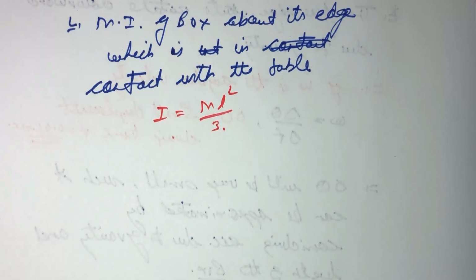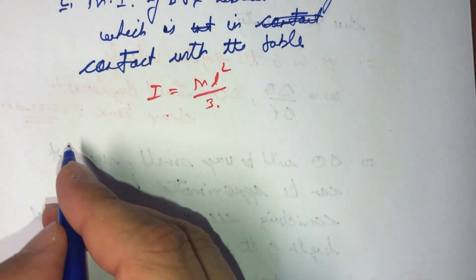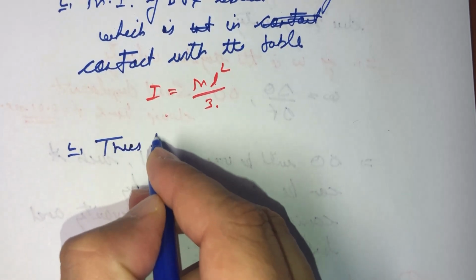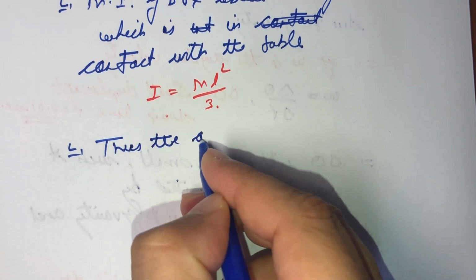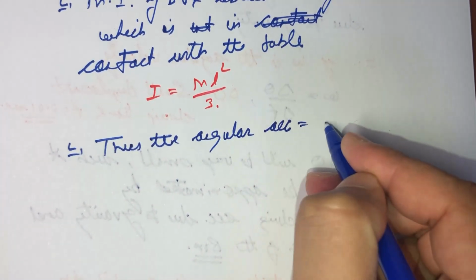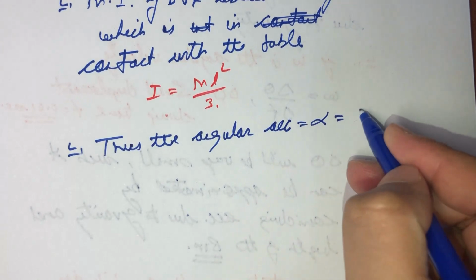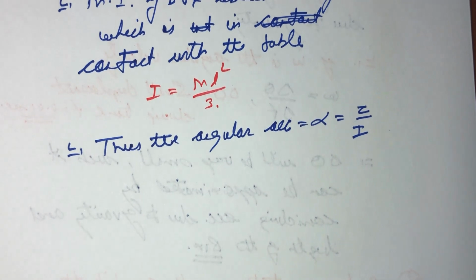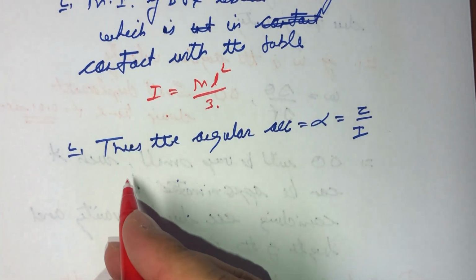Therefore, if alpha is the angular acceleration, the angular acceleration alpha will be equal to tau divided by moment of inertia. We substitute the values of tau as well as moment of inertia.